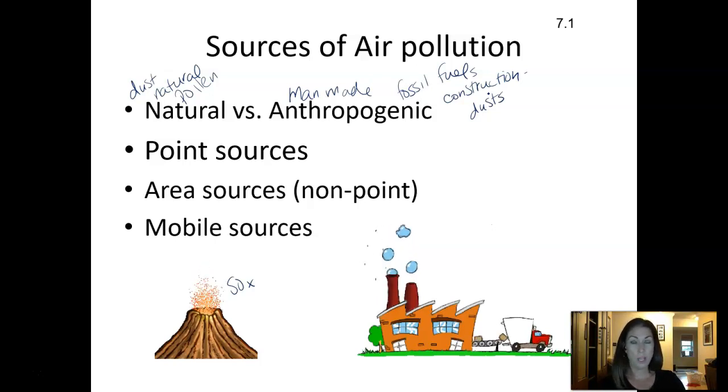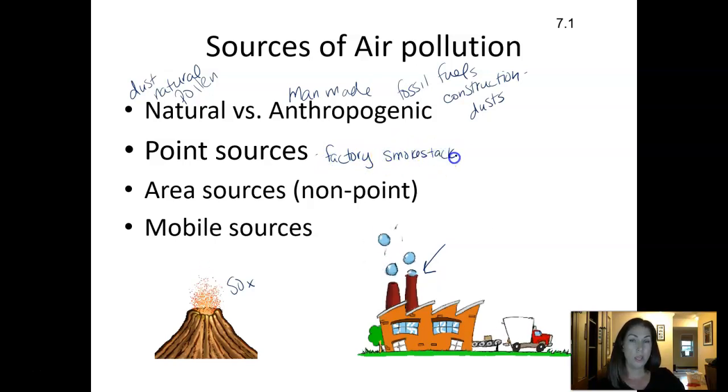Now, some other vocabulary that might fit along with this are point sources. I like to think of point sources as something you literally can point to. One big source of this is a factory smokestack. The thing about point sources of pollution is that you can measure it, and you hopefully can contain it or treat it because you know exactly where it's coming out of.